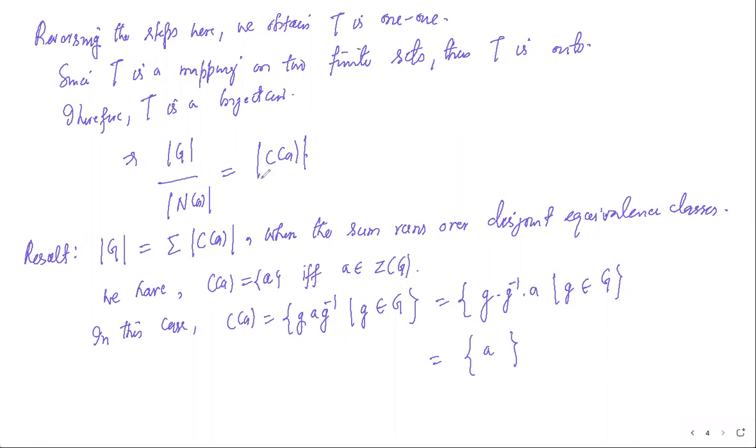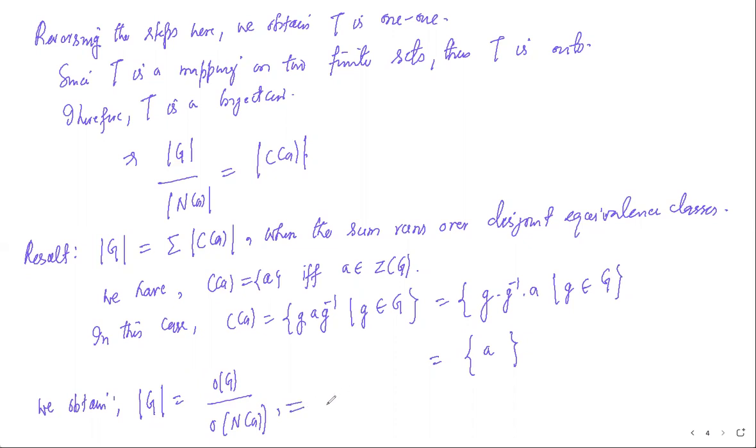So now if we combine these two statements, that order of G is equal to summation order of class of A, and order of class of A is equal to order of G divided by order of N of A, we obtain order of G is equal to the sum of order of G divided by order of N of A, where the sum runs over disjoint equivalence classes.